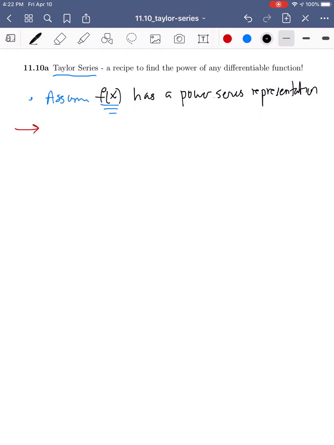So it implies that our function f of x can be written as that infinite series from n equals 0 to infinity of some coefficient c sub n times x minus a to some power n. This is our assumption. Now this just looks like a standard old vanilla power series in a very general sense, and that's exactly what it is.